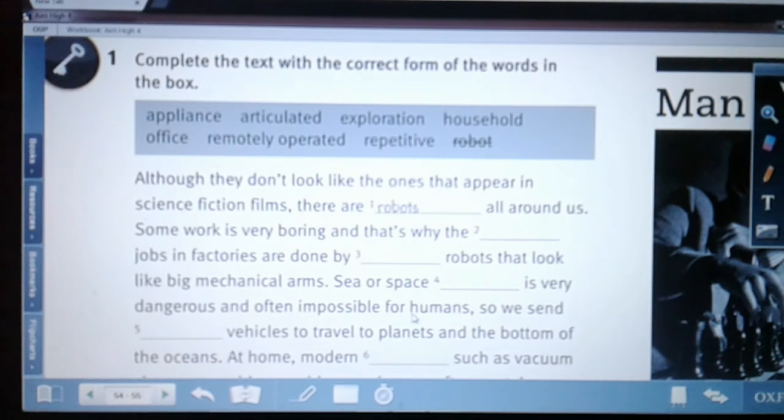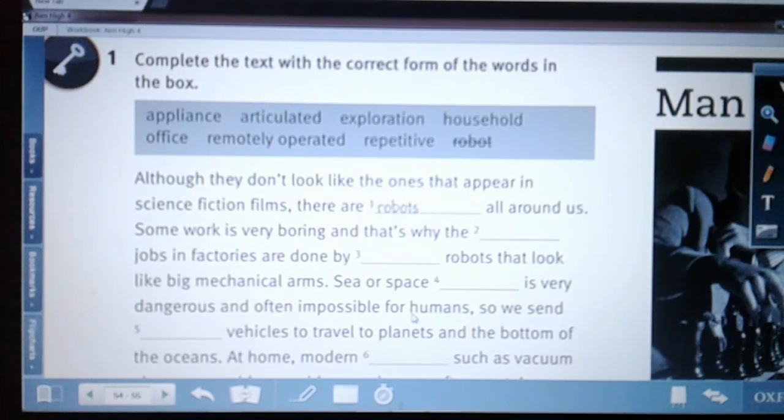On page 55, the first thing you have to do is to complete the text with the correct form of the words in the box. So pay attention whether you should use singular or plural form of the words. So for example, number 1. Although they don't look like the ones that appear in science fiction films, they are robots all around us.